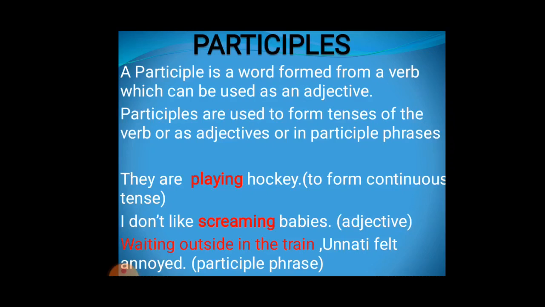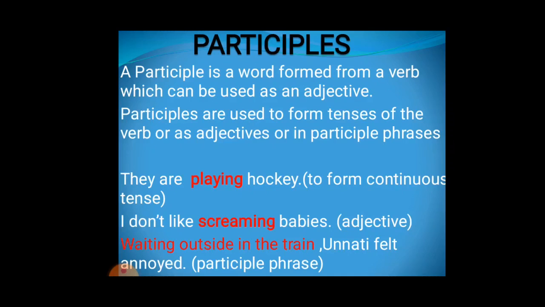Now we will see one by one. Let's see the first example. They are playing hockey. Now here this playing is acting as a verb, isn't it? They are playing. So it is the continuous form of the tense, present continuous. So here playing is a verb.